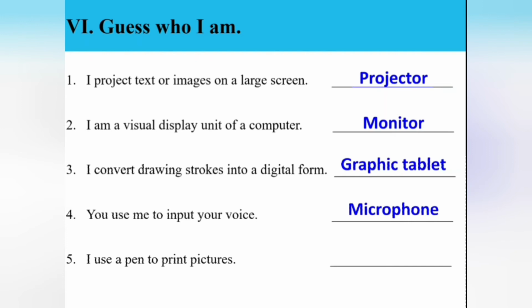Fifth one, I use a pen to print pictures. What is that? That is plotter. Plotter uses a pen to print the pictures or images. Just now we saw that in our fill-ups, I think so.